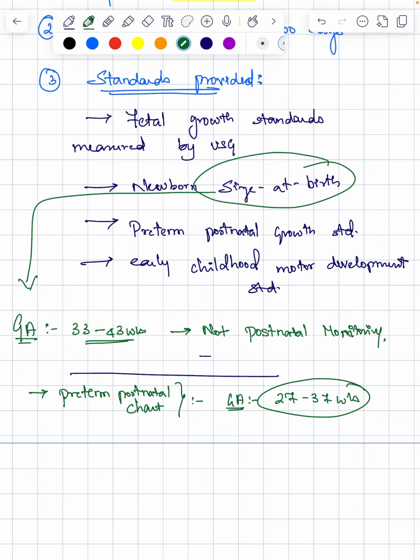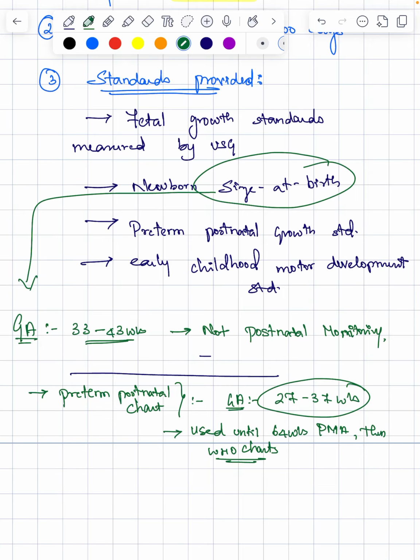Then you have to continue with your WHO charts, right? These are the main points regarding your Intergrowth 21 chart.